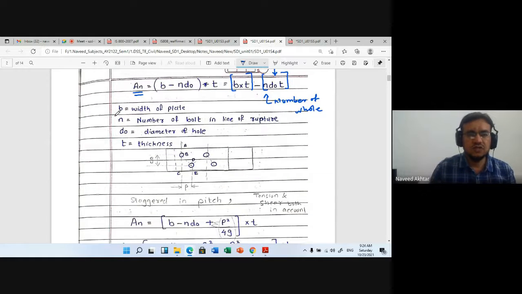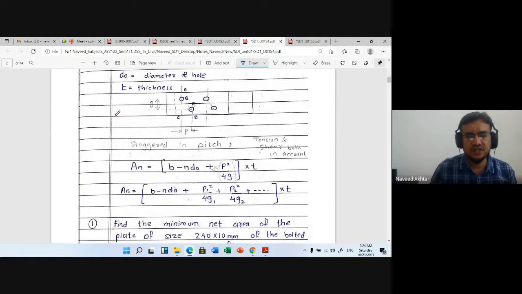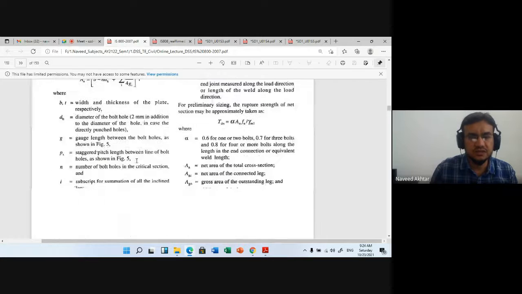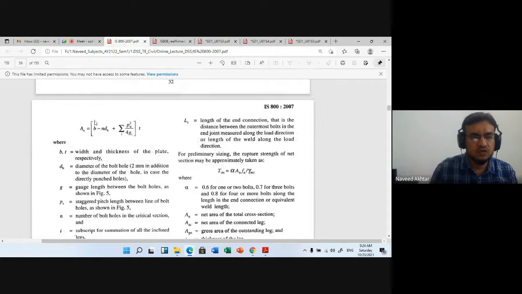If there is staggered pitch, then the formula is also given, and you can use that formula, given in IS 800:2007 on page number 33. An is equal to B minus N D0 plus summation of p squared upon 4g, times t.